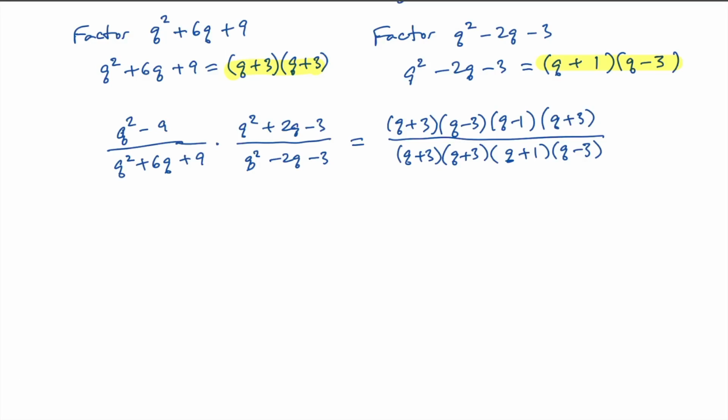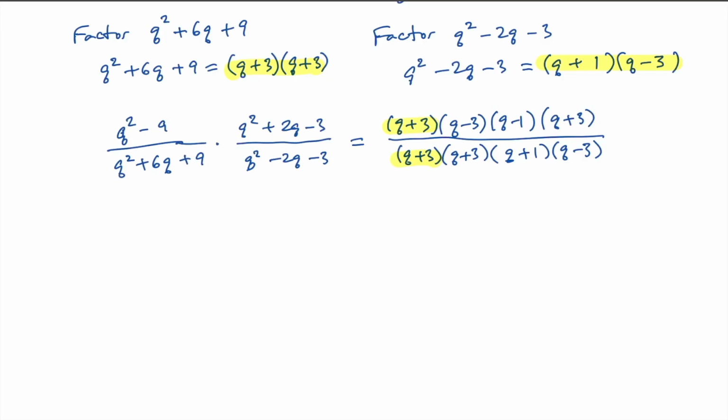So let's take care of q plus 3 and a q plus 3, so we can factor those out. Okay, now we can go to the next one. I'll just use green.